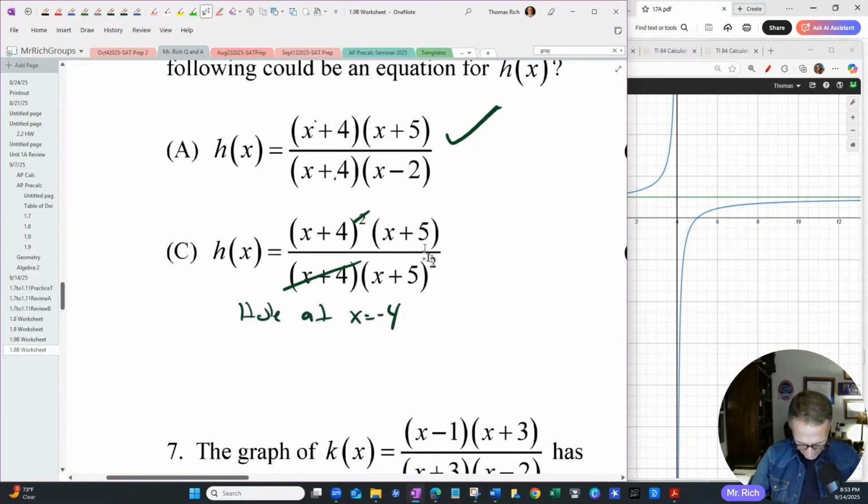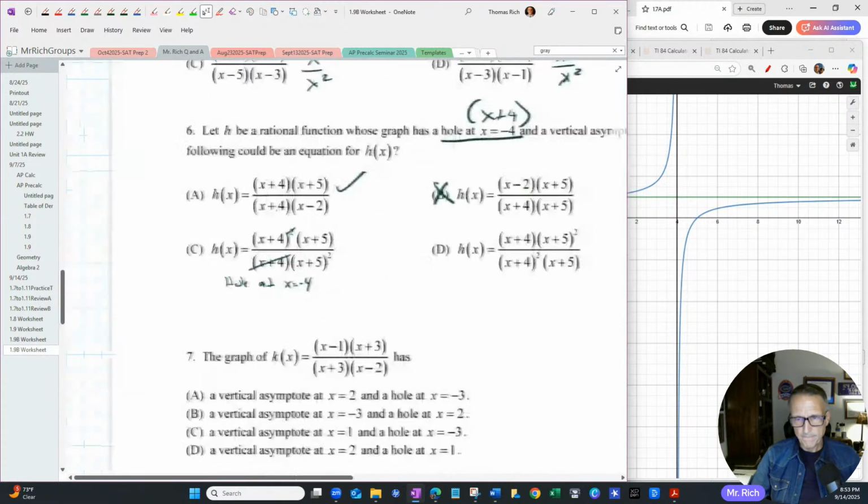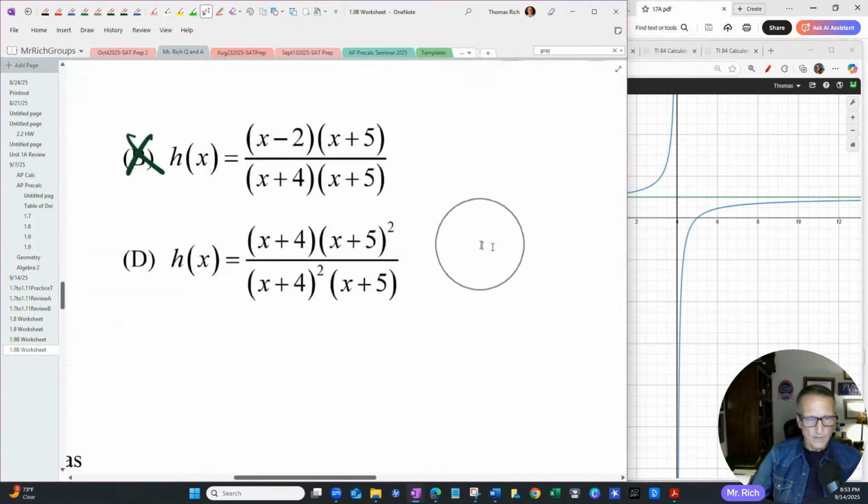Let's take a look at answer D. Well, what happens here is this x plus 4 gets eliminated, but it still leaves an x plus 4 down here in the denominator. So therefore, there's not going to be a hole at x equals -4 right here. So we can get rid of answer choice D.